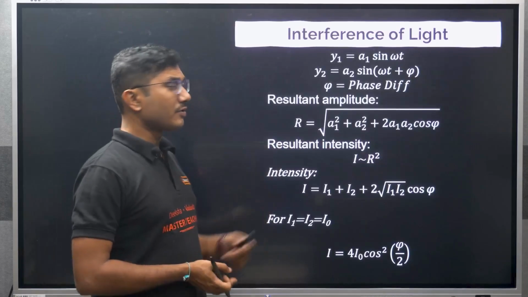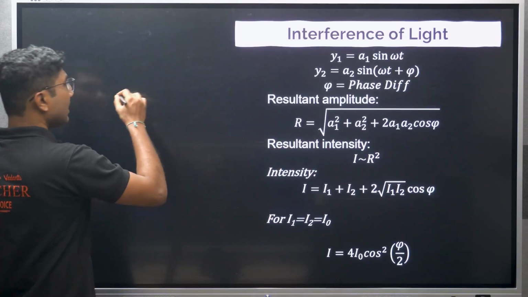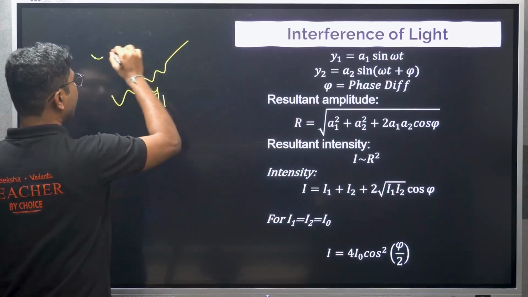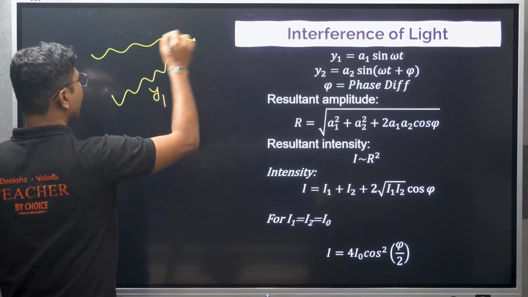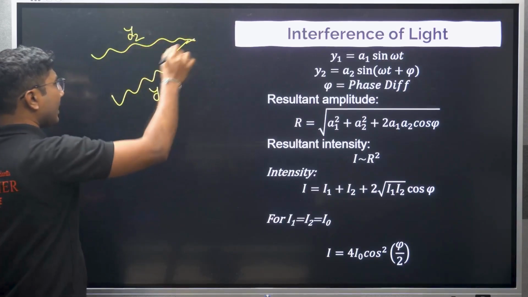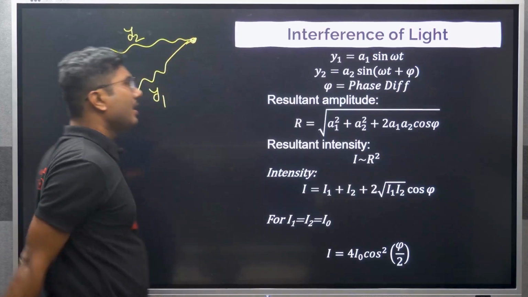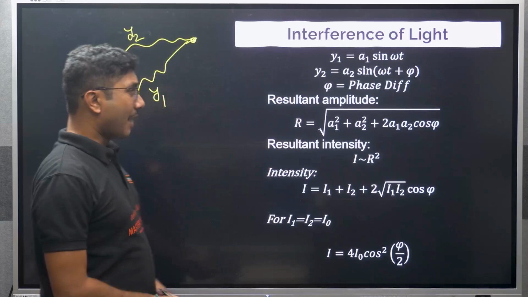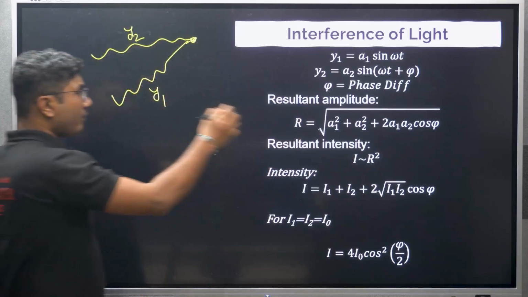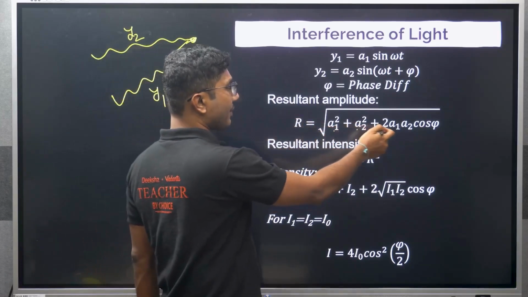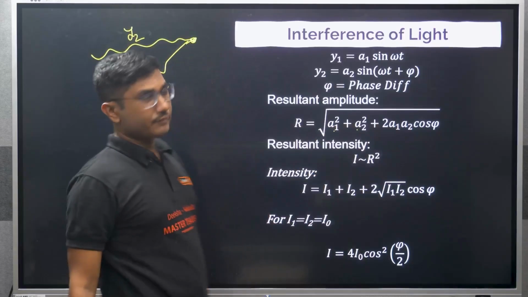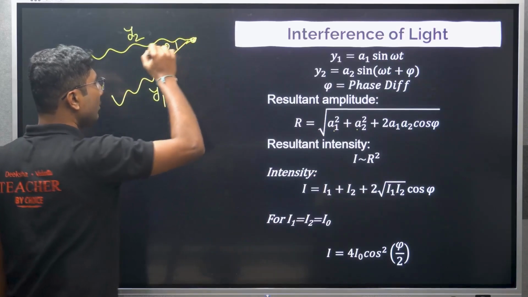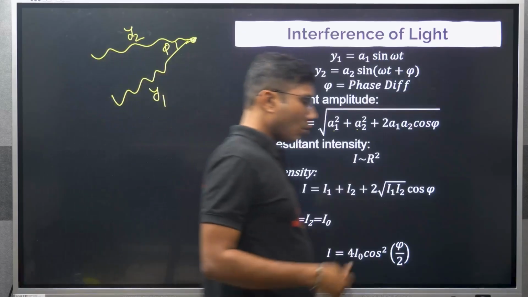Now let's move on to the last chapter, wave optics. So, interference of light. When light, say two displacements y1 and y2, meet at some point, the resultant wave will have an amplitude squared of a1 square plus a2 square plus 2a1 a2 cos phi. What is phi? Phi is the phase difference between these two overlapping waves.